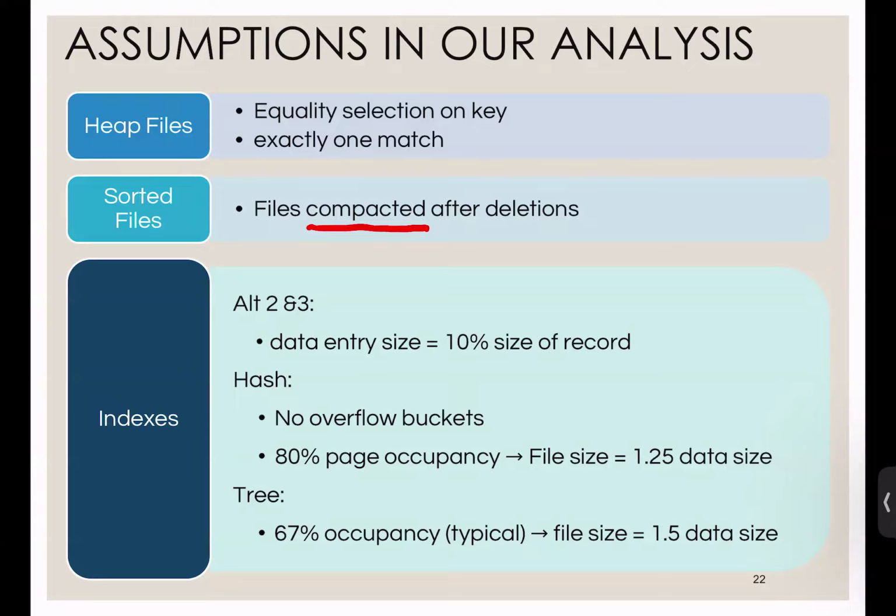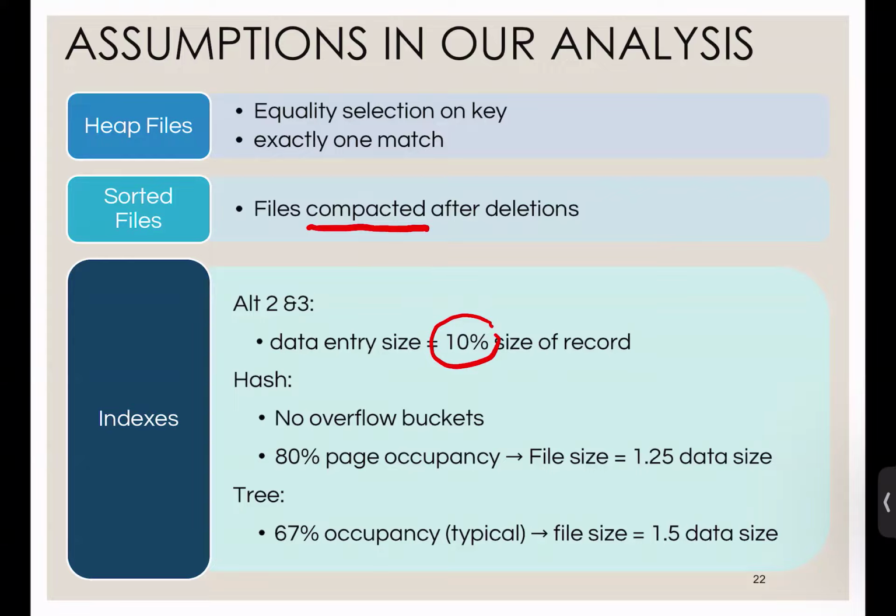For index alternatives 2 and 3, we won't talk about alternative 1 because that's already the third organization we talked about. For alternatives 2 and 3, the data entry size assumption will be 10% of the size of the data record. Why? Because for alternatives 2 and 3, we only pick search keys. Let's say in the full data records, there are 10 fields, 10 attributes.